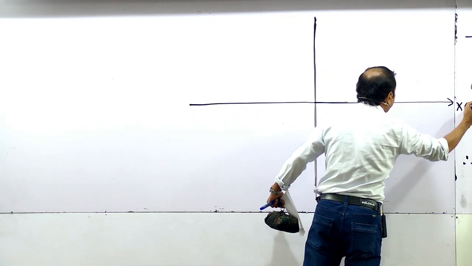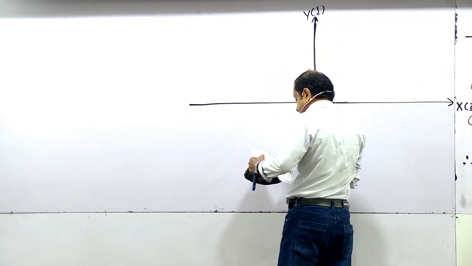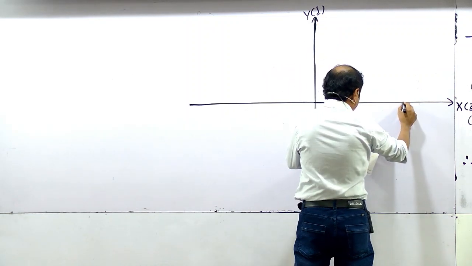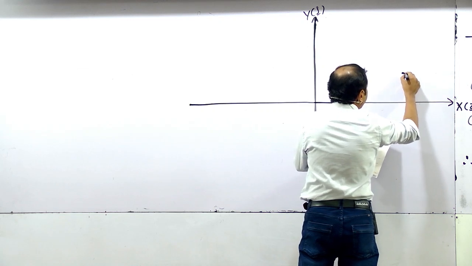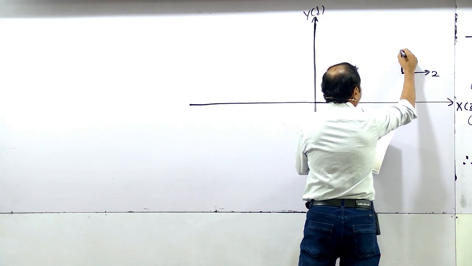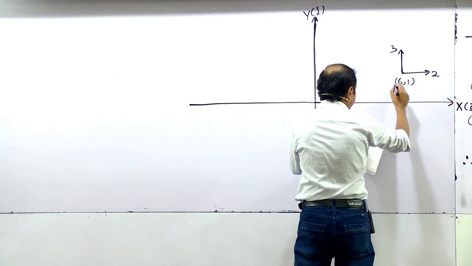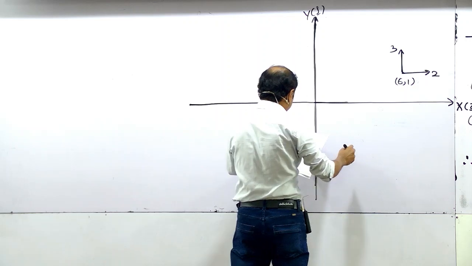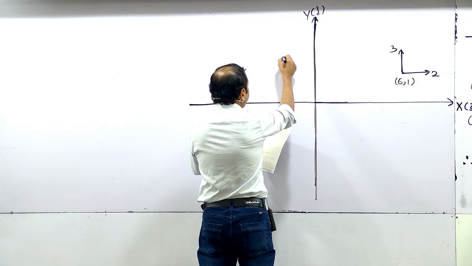X-axis unit vector i, y-axis unit vector j. At the point 6, 1, the two forces, 2 here, 3 here. The point is 6, 1. Here the point is -1, 3. -1, 3.